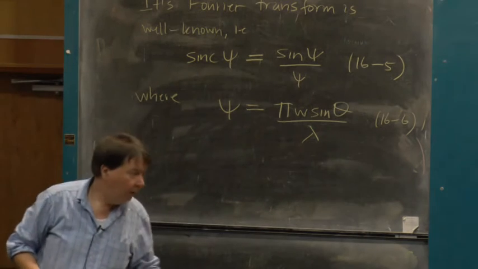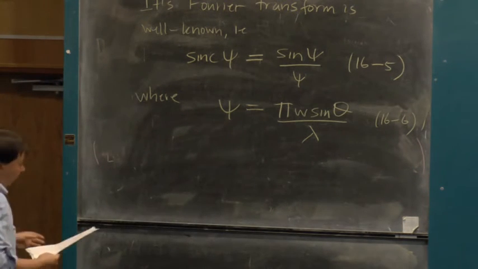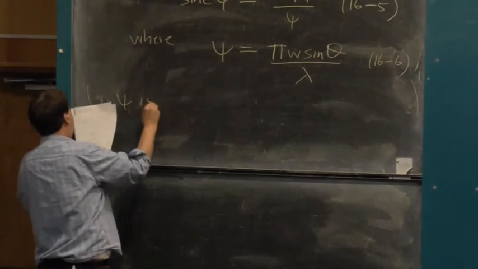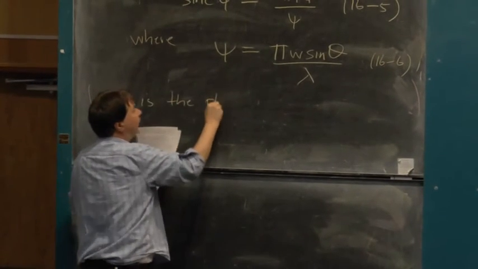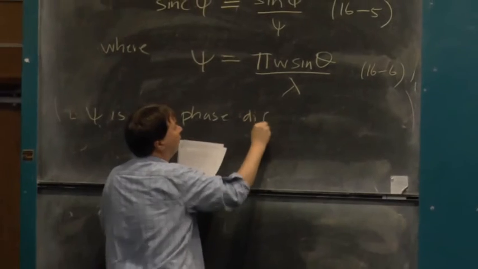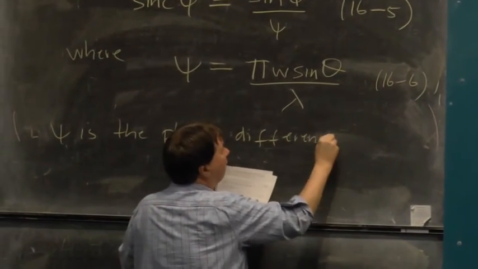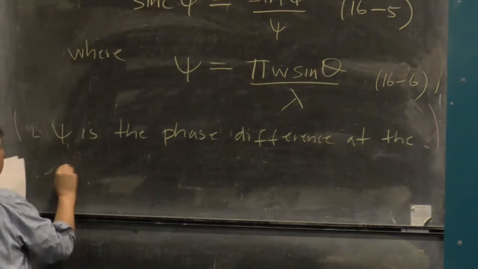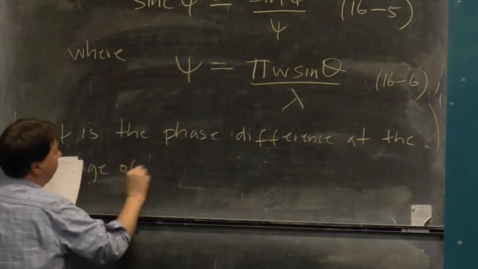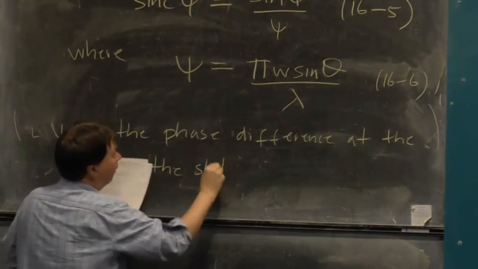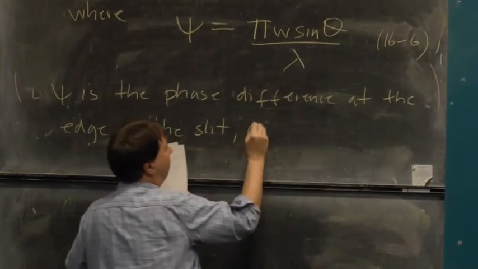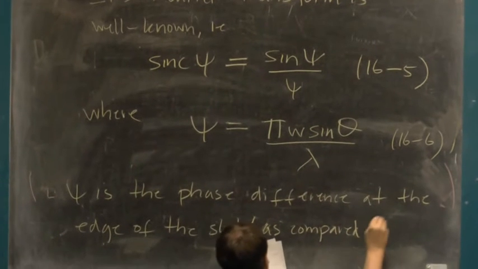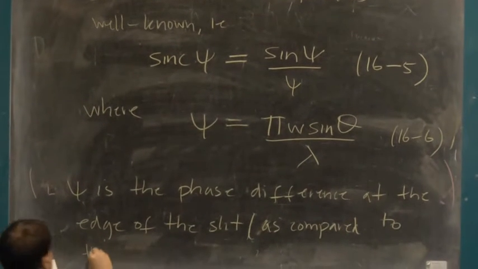So we've got a completely clean analytic solution, and psi is the phase difference at the edge of the slit, as compared to the middle of the slit.